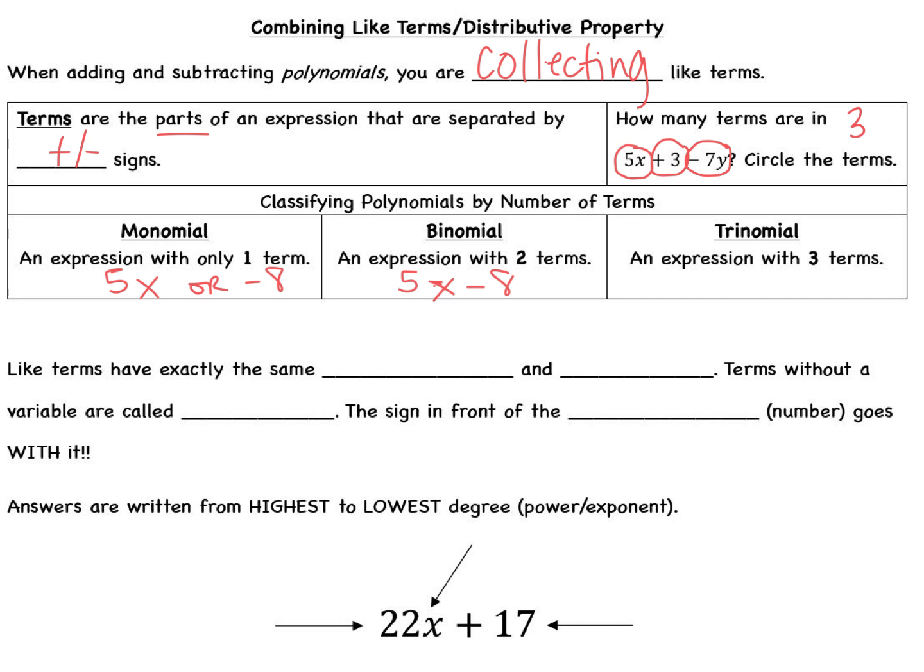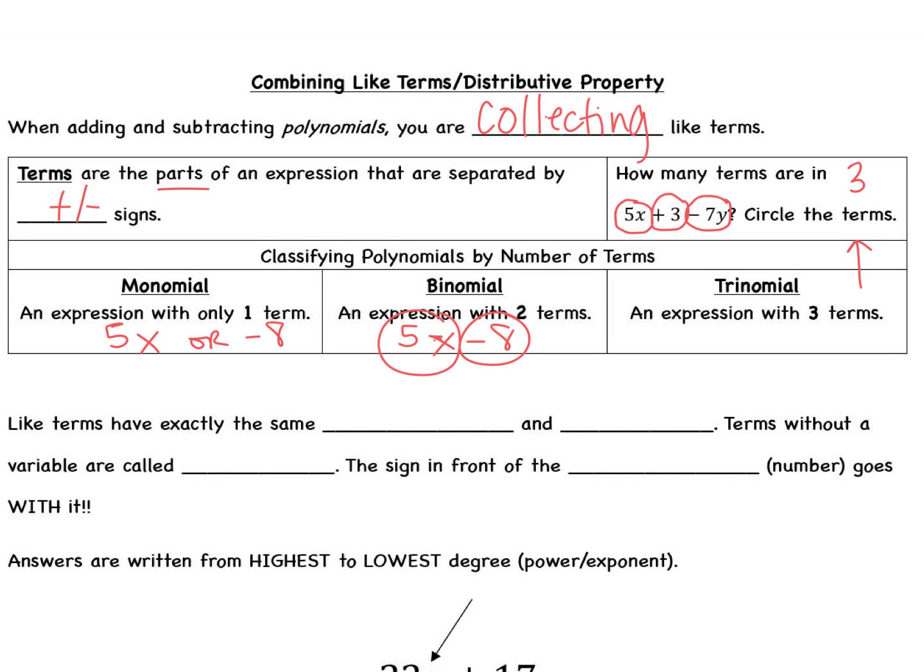Now we have 2 terms. The one we just looked at, that's a trinomial. That one has 3 terms. Tri meaning 3. Going back to that word polynomial, it just means many terms. So if it has more than 3, then it's going to be a polynomial.